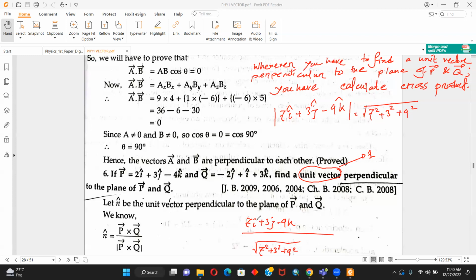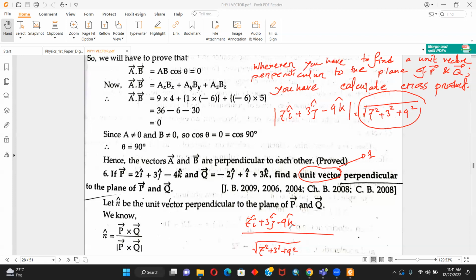We will get the value of this whole vector to be 1, right? Because we are dividing this vector by the modulus value. So eventually you will get 1. Understand my point? Because you have got this in the numerator and this in the denominator as well. So eventually the value becomes 1.